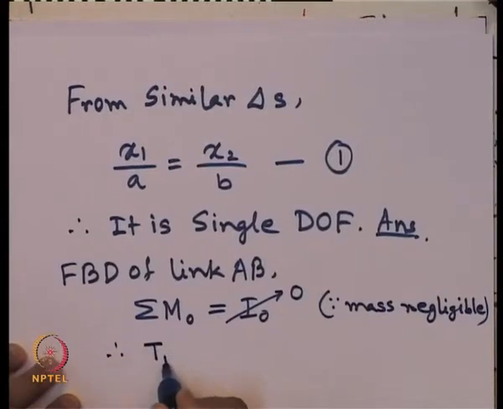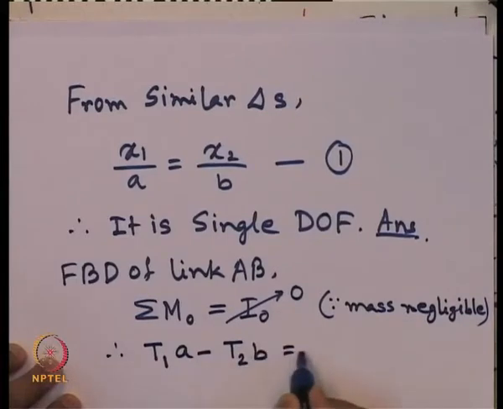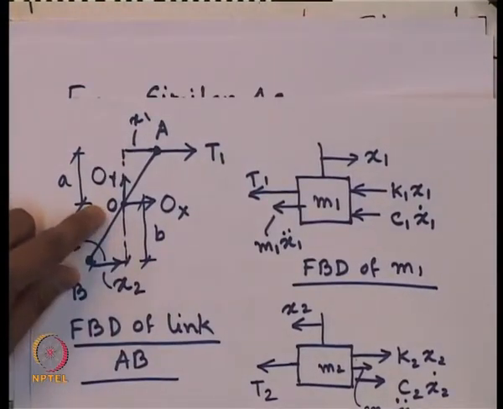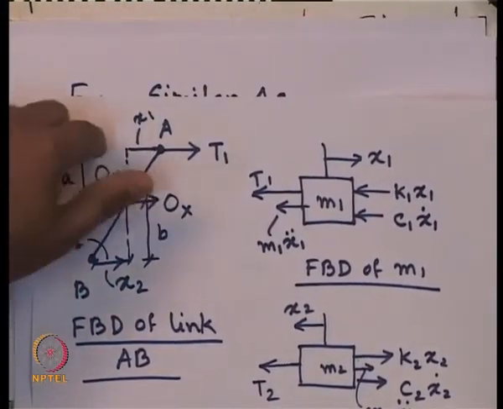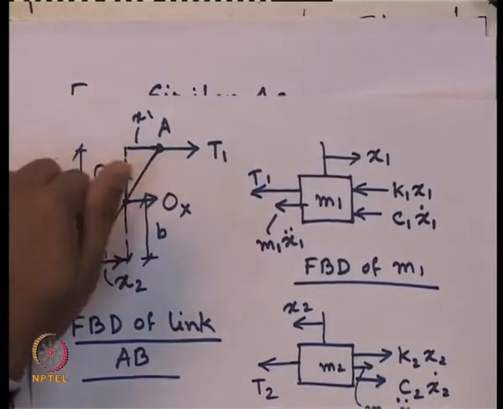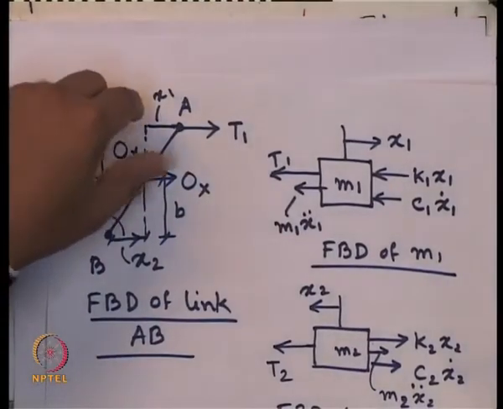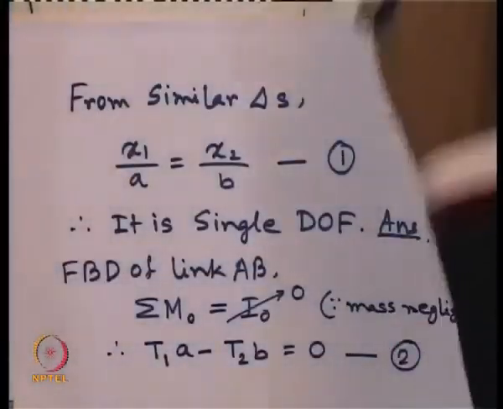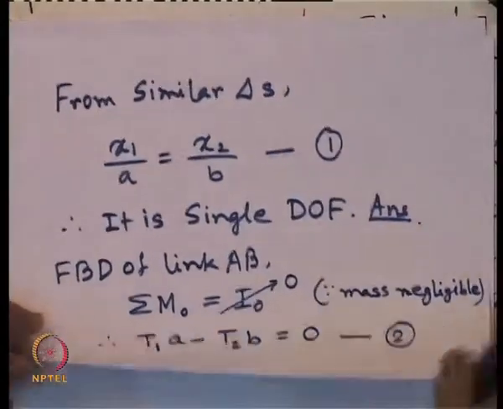Therefore, we can write T1 times A minus T2 times B equals 0. So, this is our second equation. If we look here, we are taking moment about this point. So, T1 times A minus T2 times B equals 0.